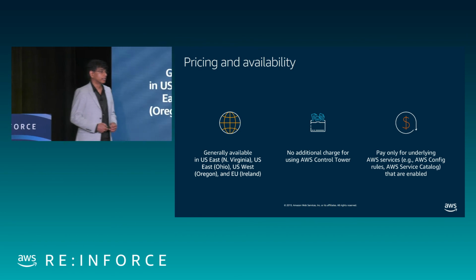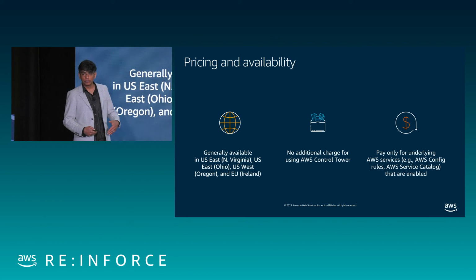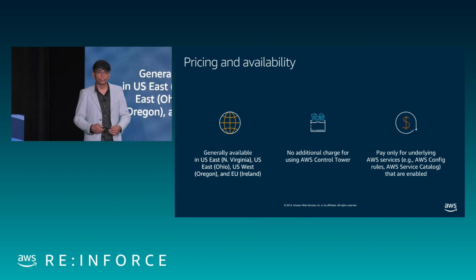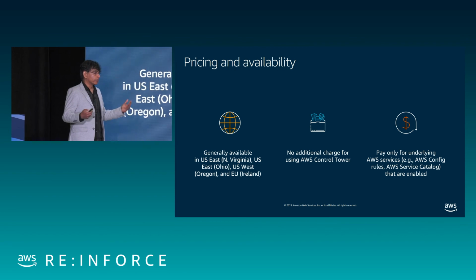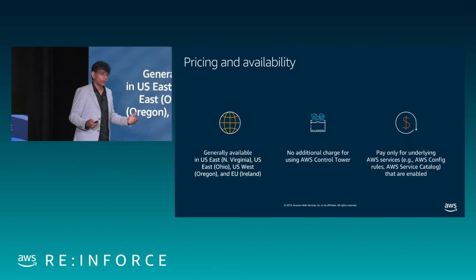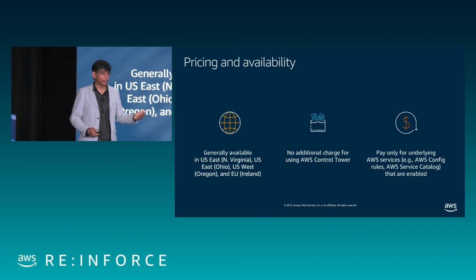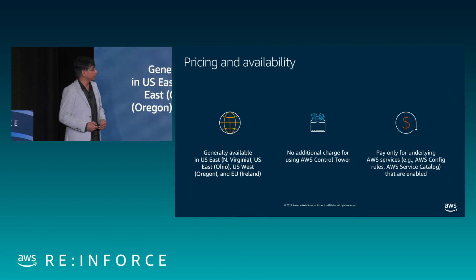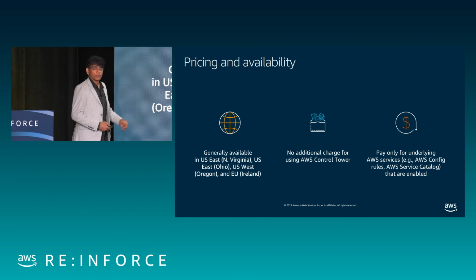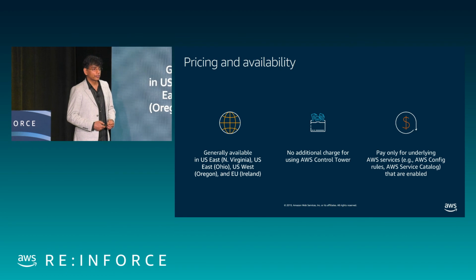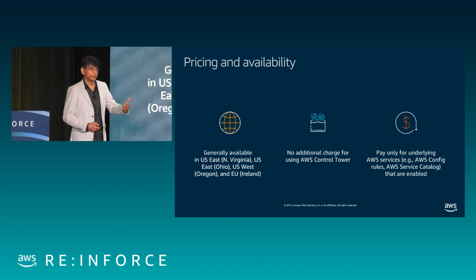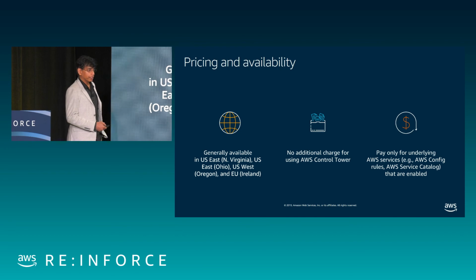You just pay for the underlying services that Control Tower enables and the resources that are consumed, based on the number of accounts you provision in your org and what detective guardrails you deploy. Preventive guardrails that use SCPs come for free because there's no charge for that. Control Tower is available today in four regions, and we plan to expand it to more regions very quickly.